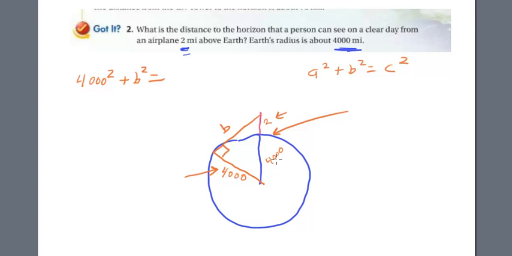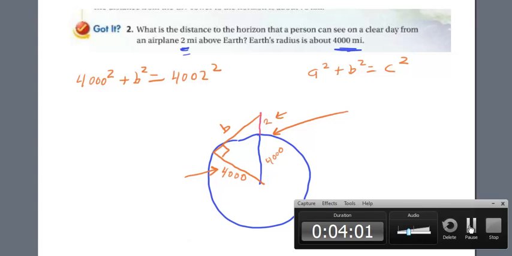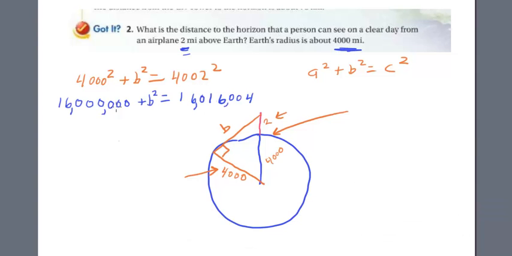Well, c is 4,000 plus 2, 4,002 squared. So I'm going to grab my calculator real quick. Okay, 4,000 squared is 16 million, and 4,002 squared is 16,016,004.